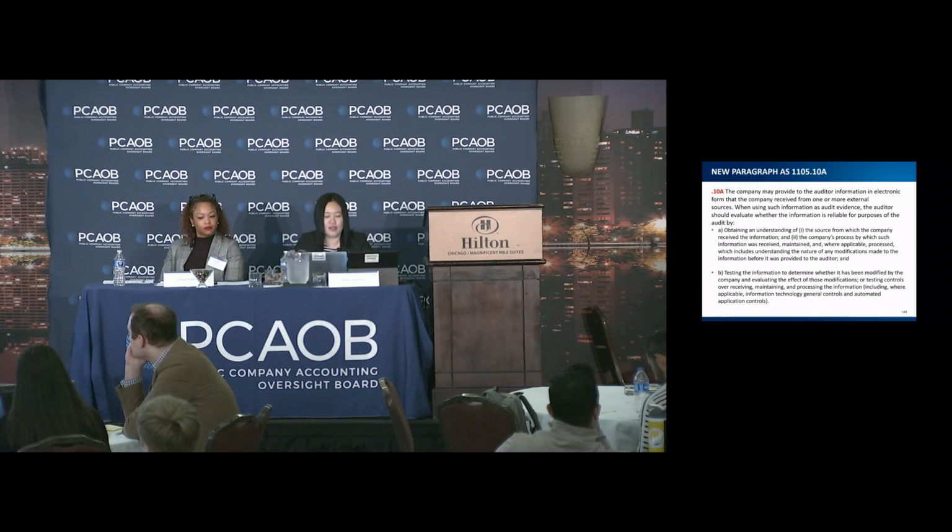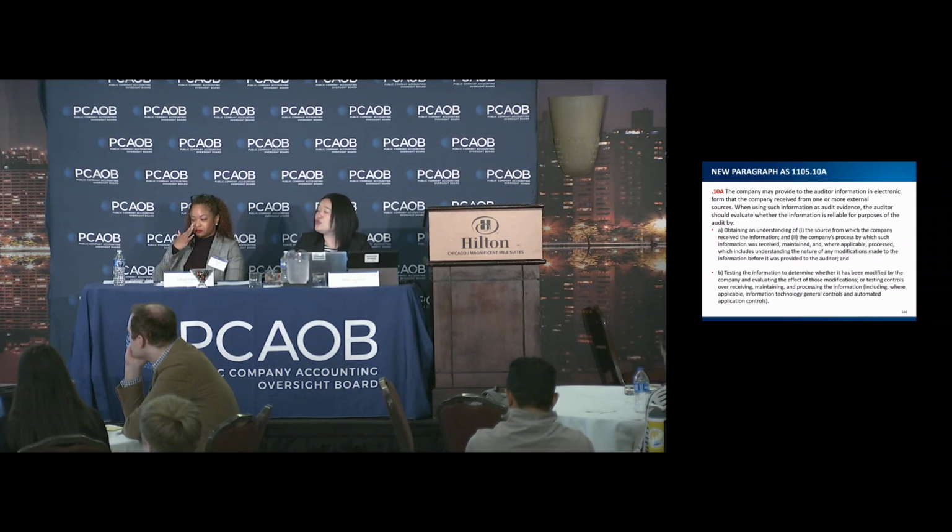This is essential in addressing the risk that electronic information from an external source may be modified by the company's processes prior to being provided to the auditor. The new paragraph A10A clarifies how the auditor's existing responsibilities for evaluating reliability should be applied to external information in electronic form provided by the company and used as audit evidence.